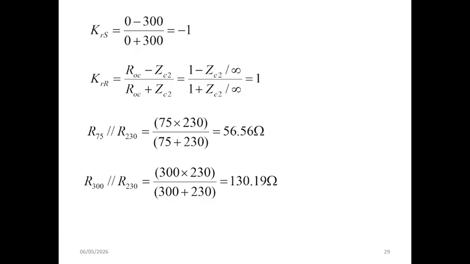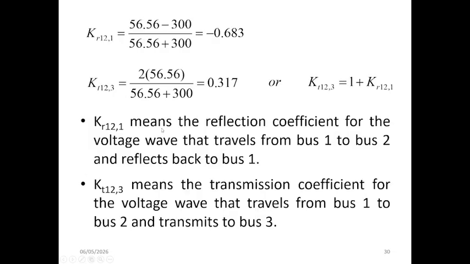These equivalent values are crucial for determining how the traveling waves split and reflect at junctions. Overall, this step established the key parameters needed to construct the lattice diagram and accurately compute the overvoltage buildup at different points in the network.